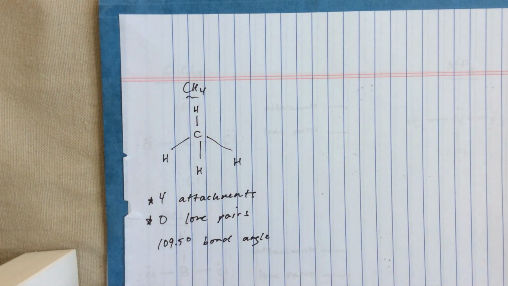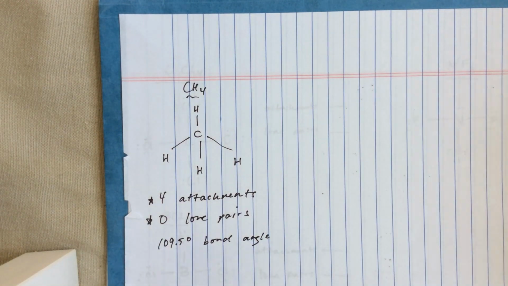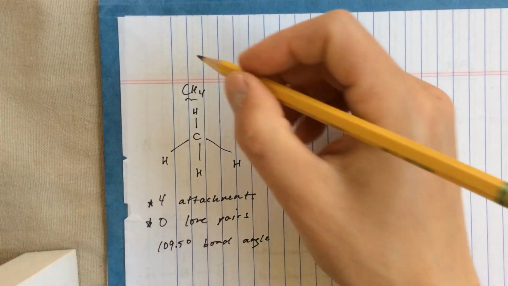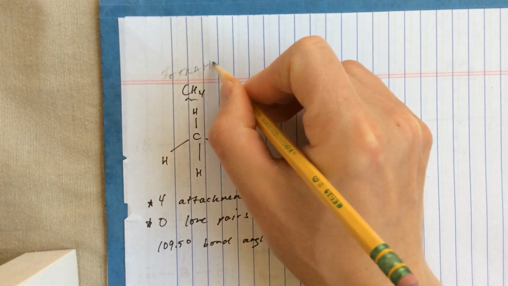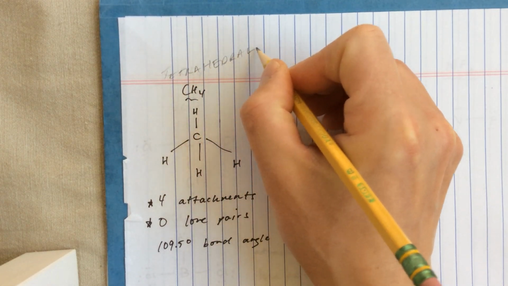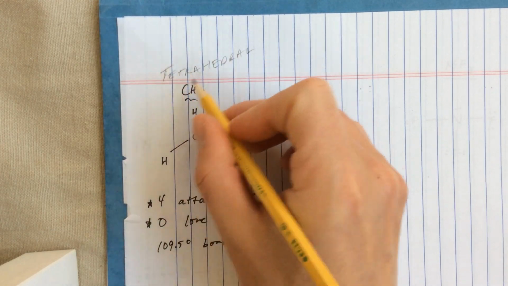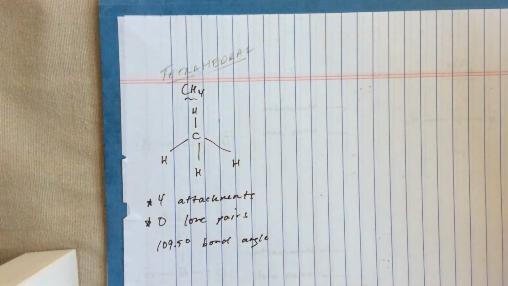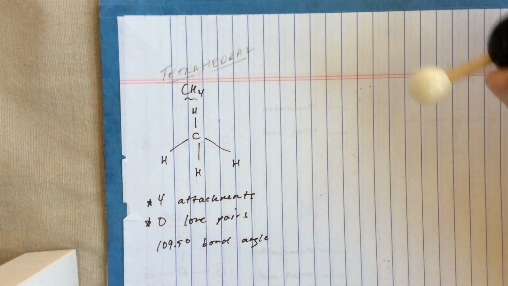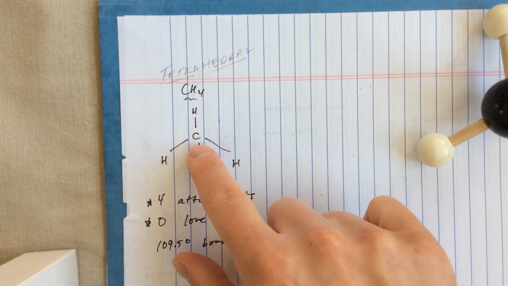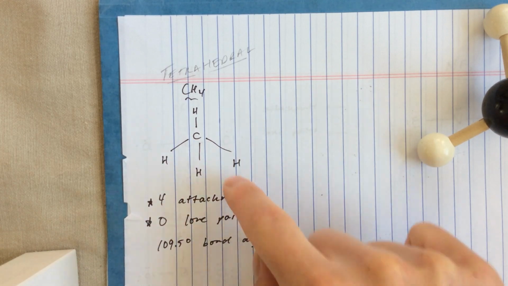The last shape it could be is called tetrahedral. Tetra means four, hedral means angle. It's got four angles because it has four things attached. All you have to do is look at the central atom: how many attachments?